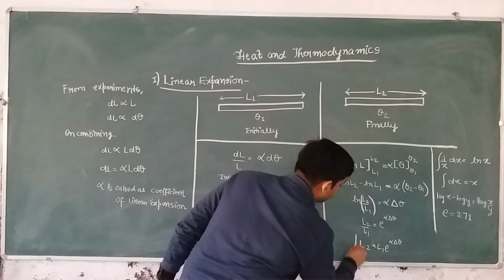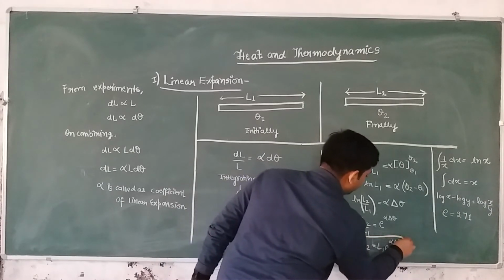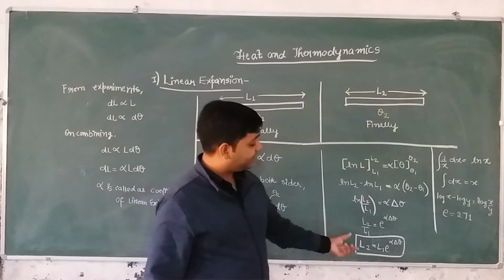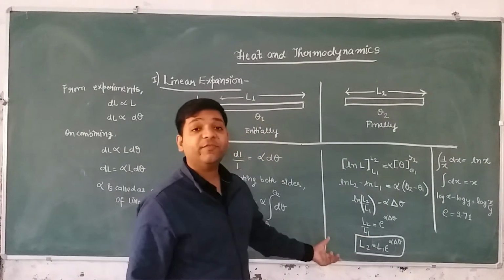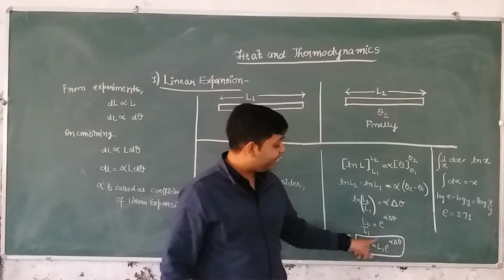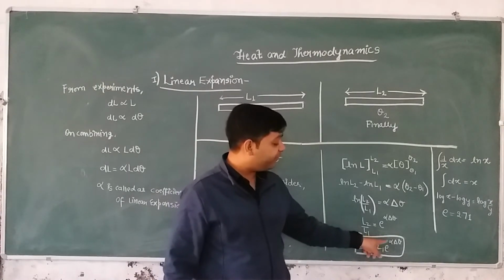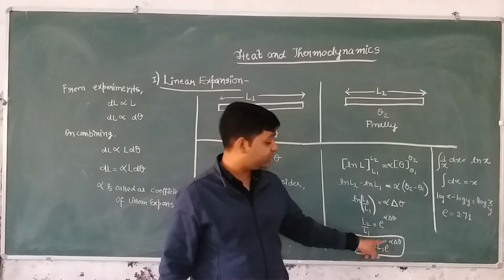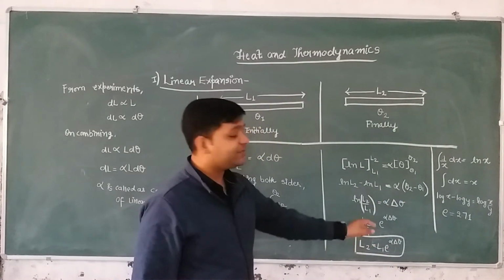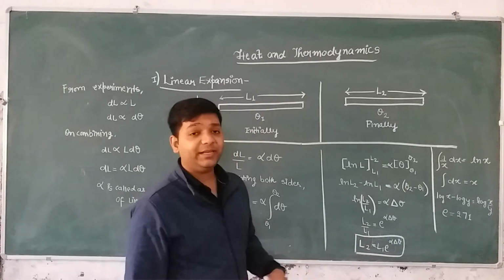So this is one of the important expressions. So the final length, using this formula you can calculate the final length of the rod. If L2 is the final length, L1 is the initial length, alpha is the coefficient of linear expansion, and delta theta is the rise in temperature, then using this relation you can calculate the final length of the rod.